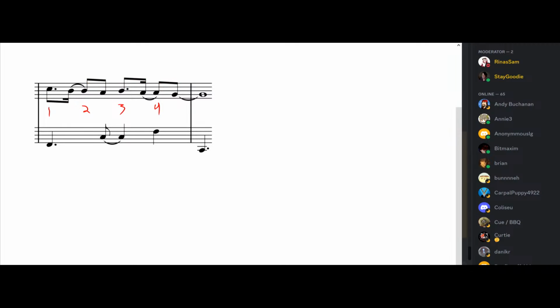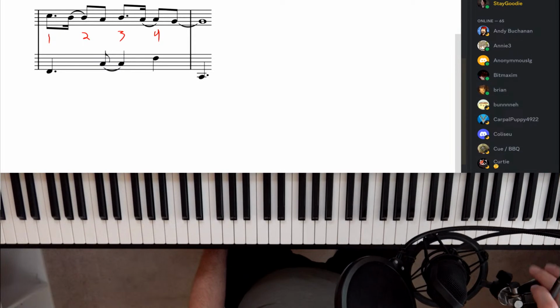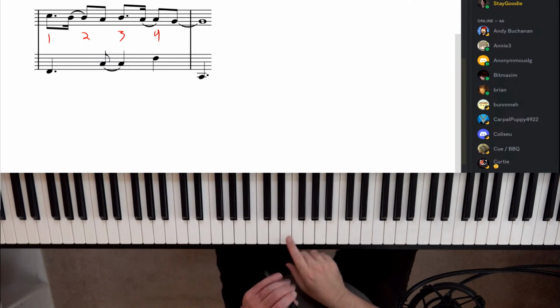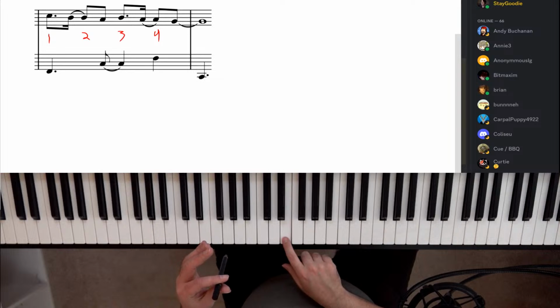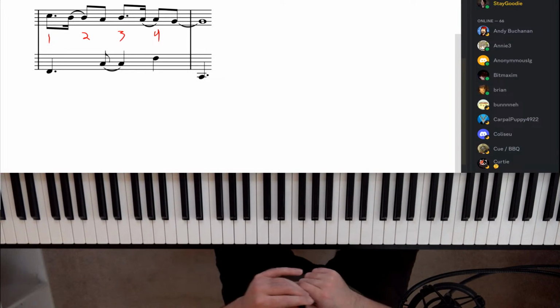Okay. Next thing is we have dotted 8th notes with 16th notes then tied to the next beat. So a dotted 8th note is going to get 3 16th notes worth of value. So you know how we were counting 1 E and, well, a dotted 8th note will take up 1 E and then you're moving on to the next.